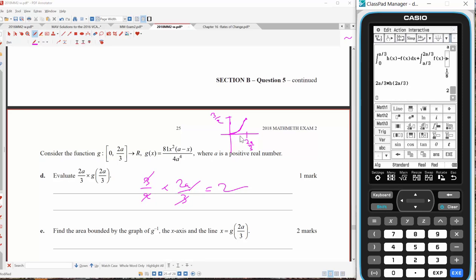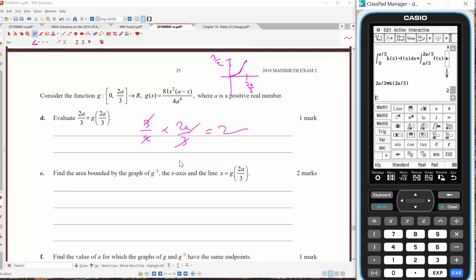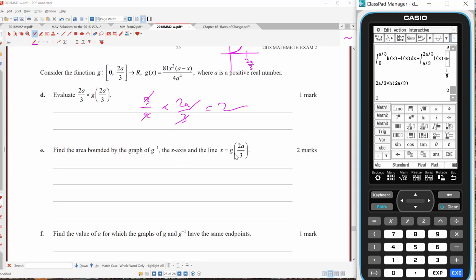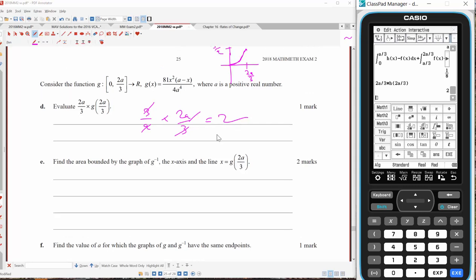So what that does is multiply those two values together. There'll be a reason why they want us to do that. Find the area bounded by the graph of the inverse function of g, the x-axis and the line g of x is equal to g of 2a on 3. So x is equal to 3a.